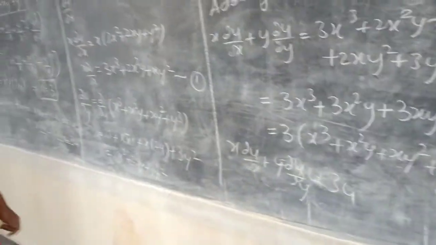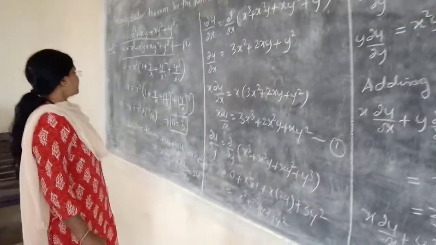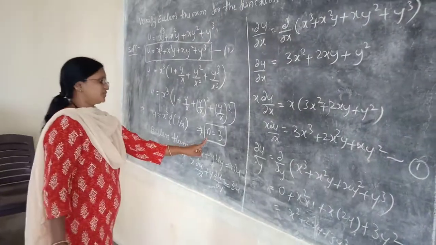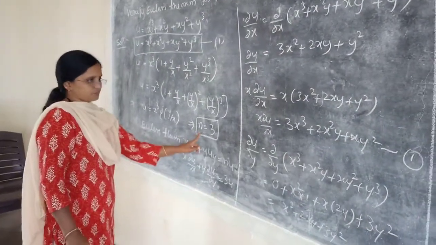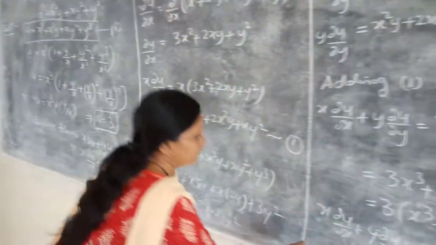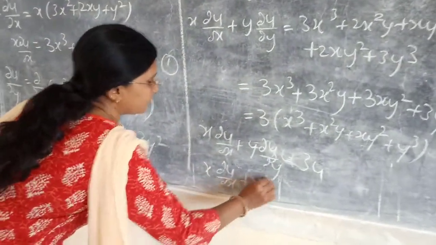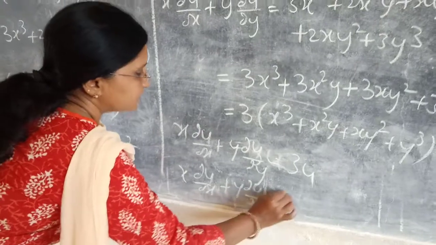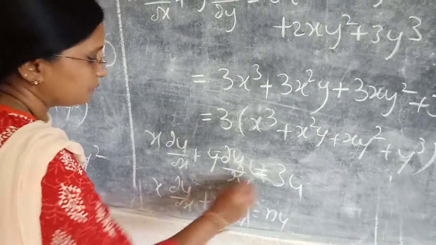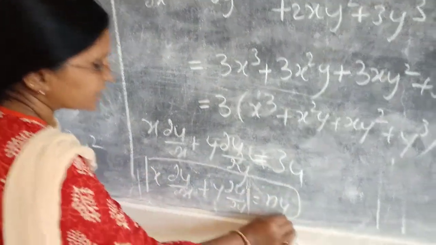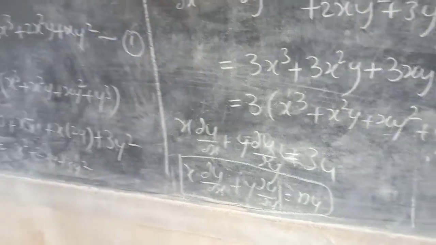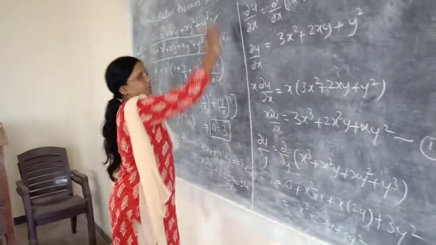And we know from the definition of homogeneous function that 3 is equal to n, that is, x into dou u by dou x plus y into dou u by dou y is equal to n into u. So this is the verification of Euler's theorem for this function u.